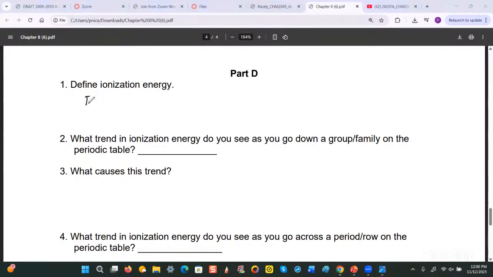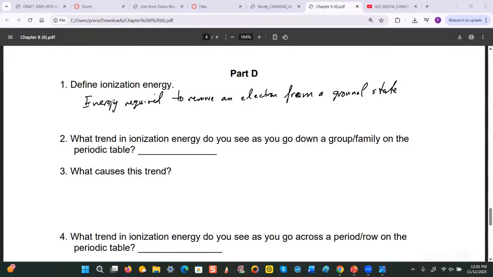It's the energy required to remove an electron from a ground state gaseous atom.